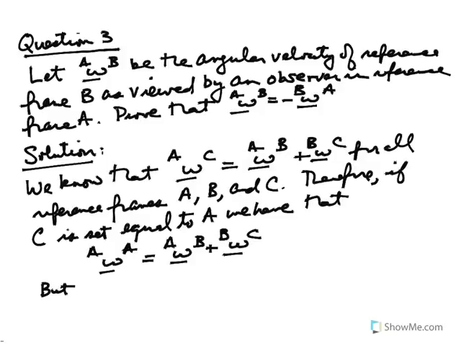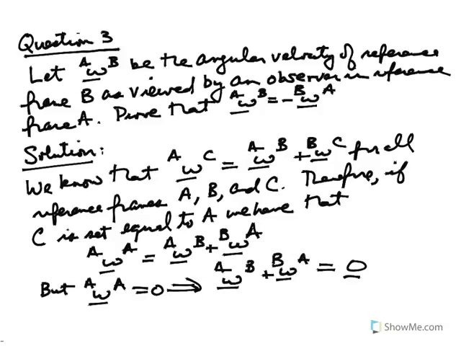But omega AA is equal to 0. So, therefore, omega BA plus omega AB is equal to 0, which implies that omega BA is equal to minus omega AB.